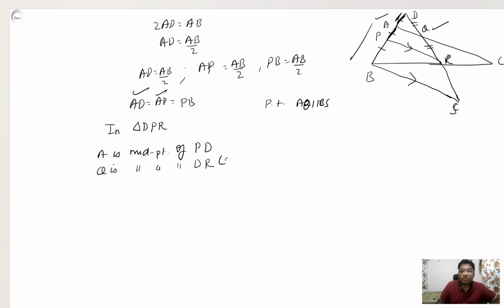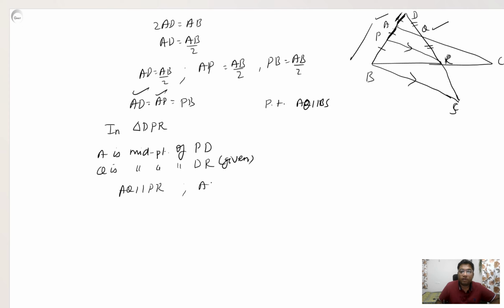How do I know this? It's given. The question has said that. So I have two midpoints. And when I have two midpoints, should I think of the converse? No. I should think of the original midpoint theorem, which means that AQ is parallel to PR.